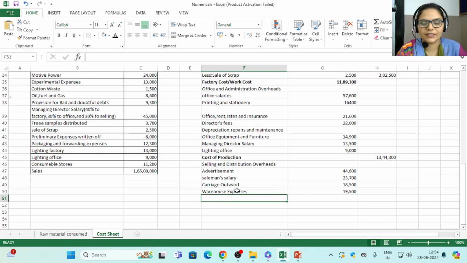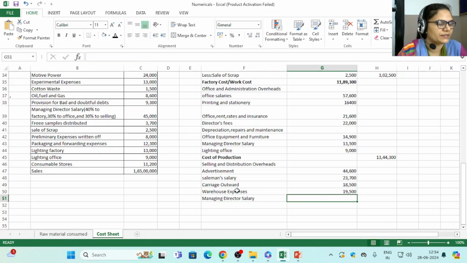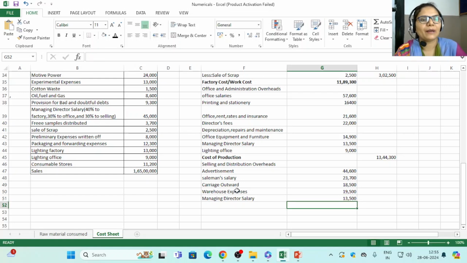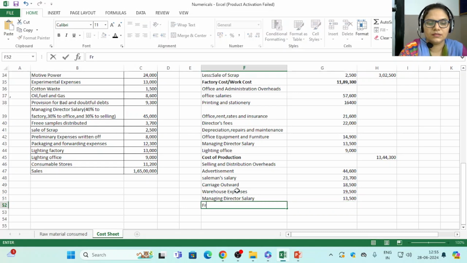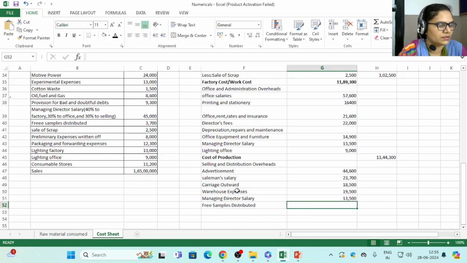Next is managing director's salary. 30% is given for selling and distribution overheads. It will be 13,500. Next is free samples distributed, 3,700.